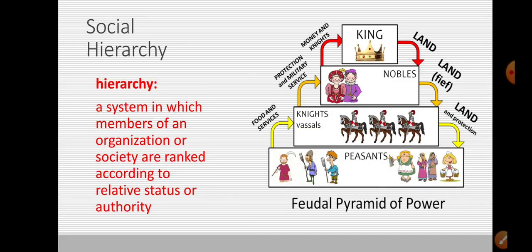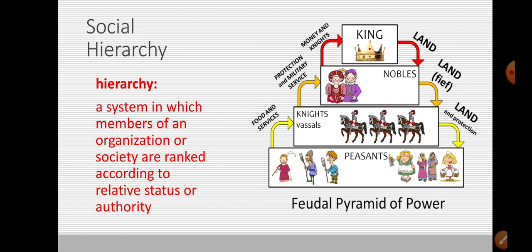All right, so we have already discussed the word hierarchy before. In every society, there used to be a hierarchy with the most important, most powerful person on the top. If you remember, the ancient Egyptians or the Roman civilization also had an emperor on the top.